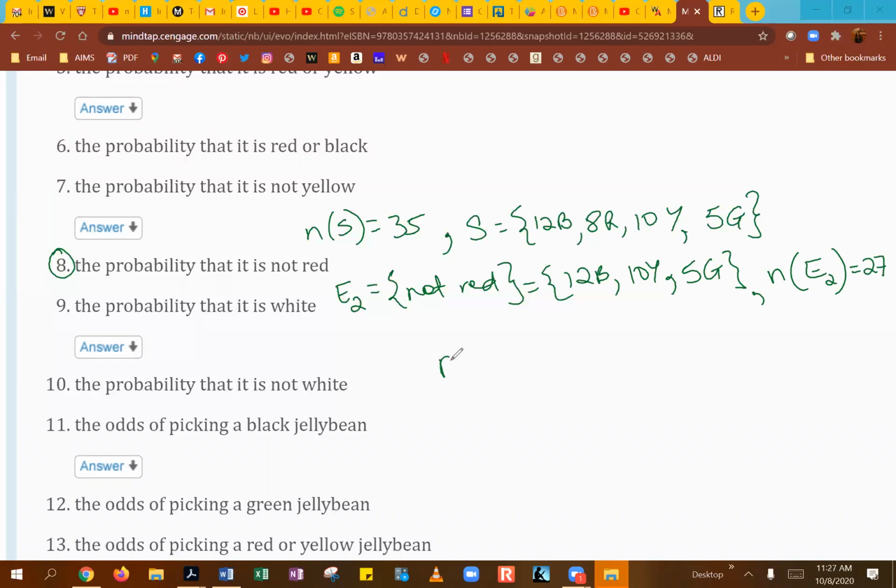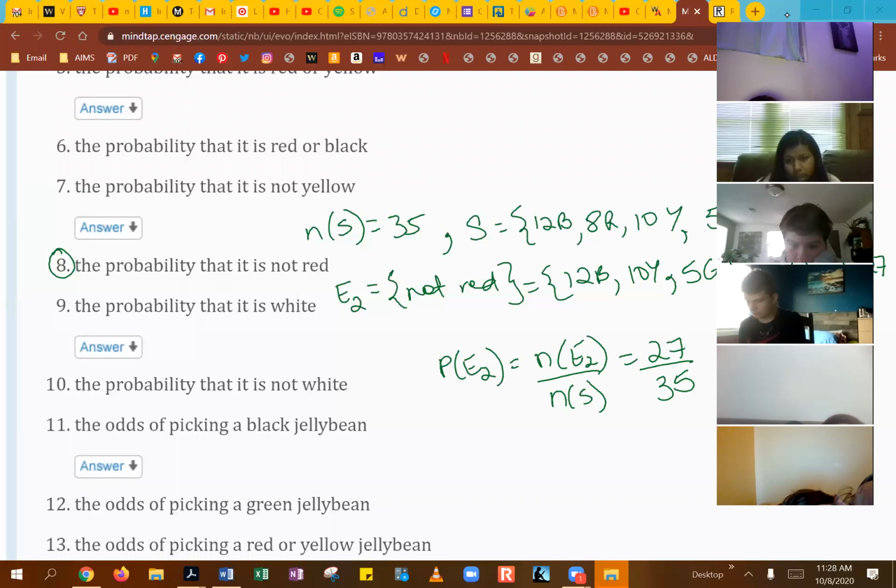So when you're finding the probability for this event, that's, of course, going to be 27 divided by 35. Again, can I reduce this fraction or not? 27 and 35. Is there anything in common? Because 27 will be 3 times 3 times 3, and 3 will not go into 35.